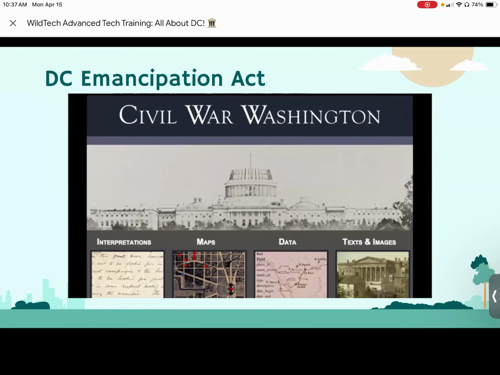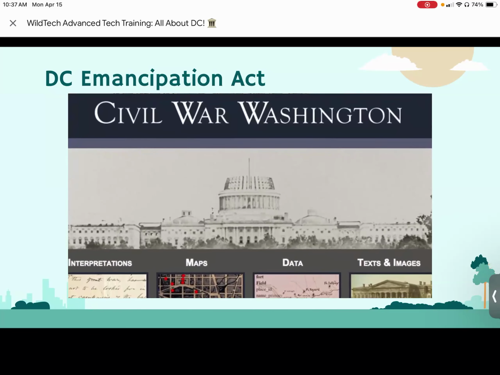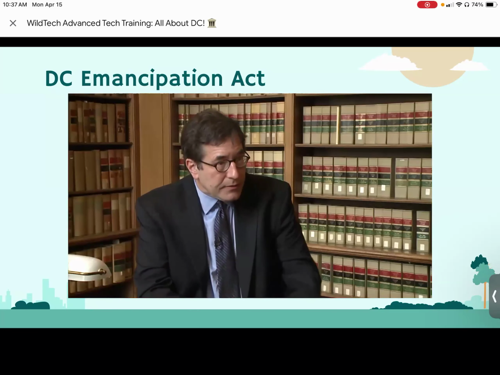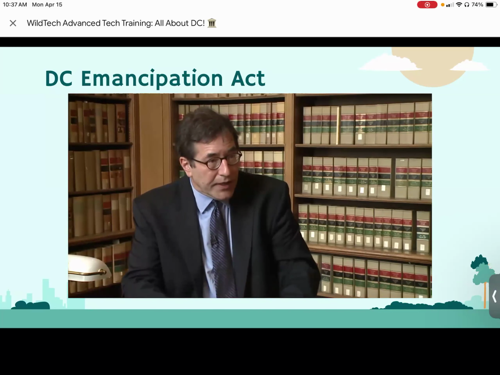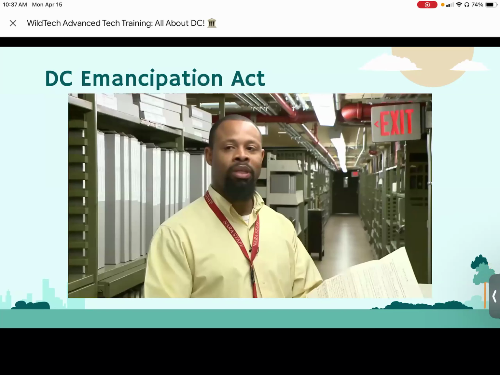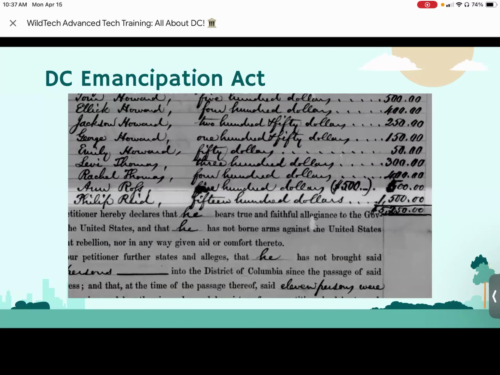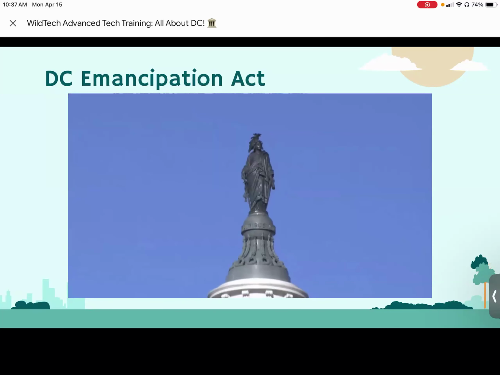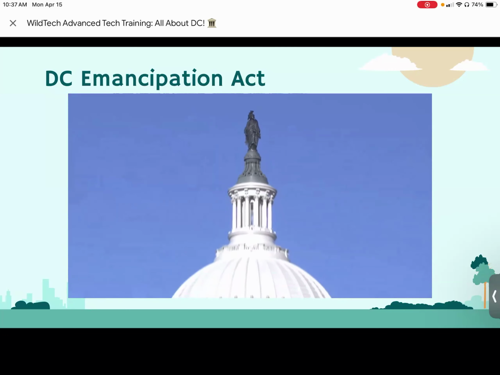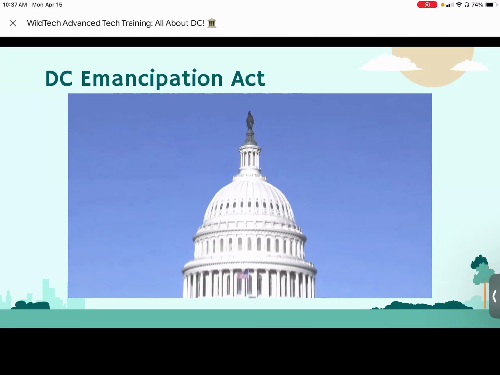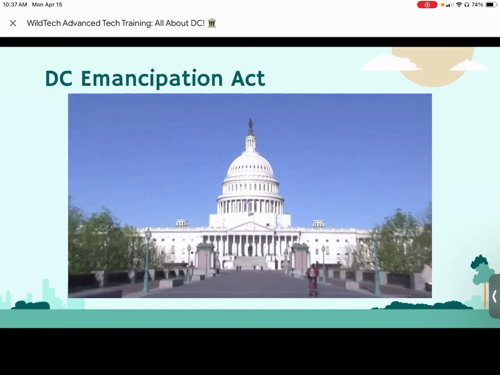Our digital site is called Civil War Washington. It examines the history of slavery, race, and emancipation during the war. We can see that Clark Mills highly valued Philip Reed and his skills. Like many of the enslaved persons at that time, I assume that his hope was that at some point he would know the reality of being free.